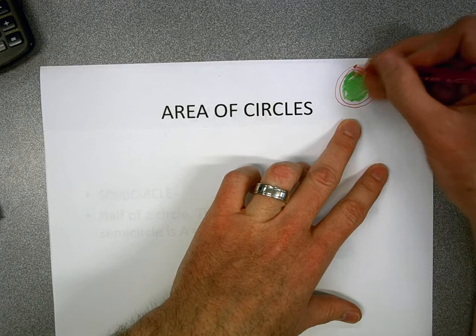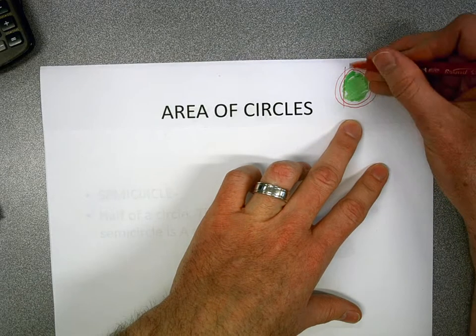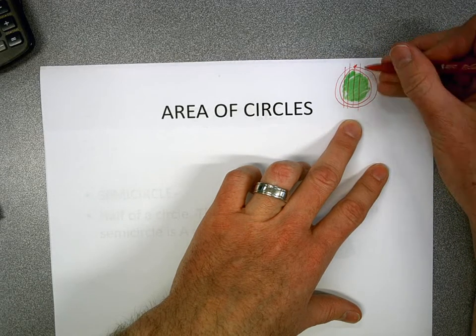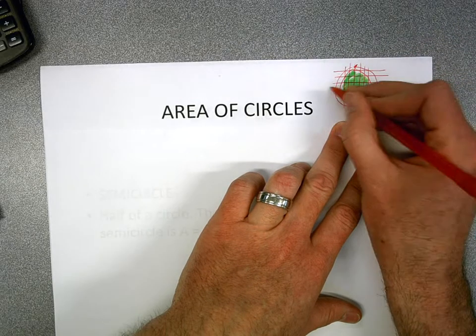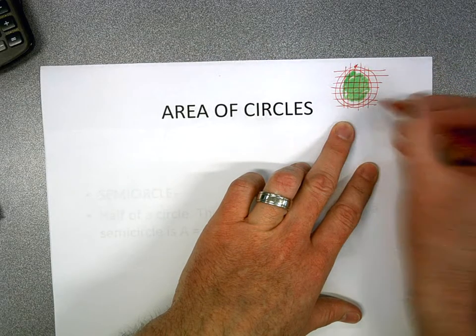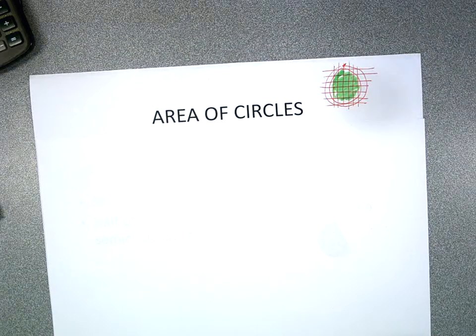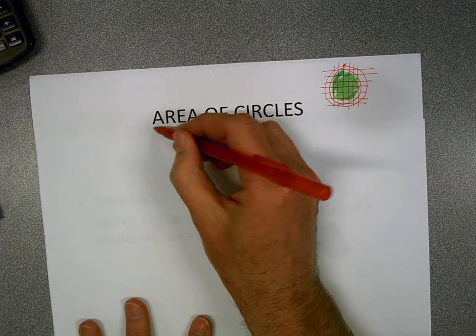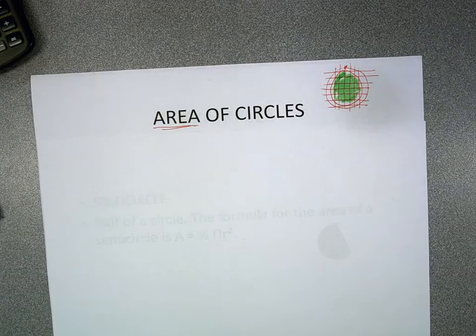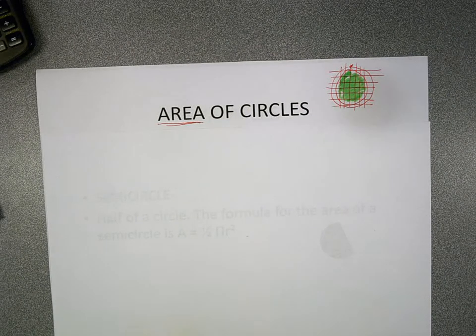I'll draw a quick picture to give you a rough idea. You measure it with how many squares there are inside that circle. That is what area is. So when we talk about area of a circle today, this is what we're dealing with.